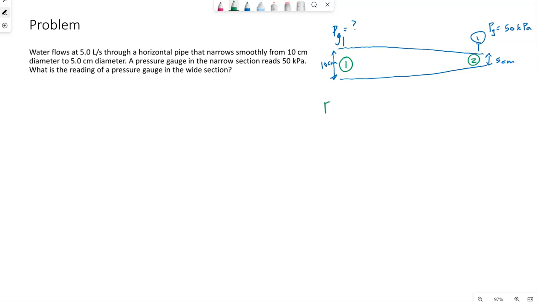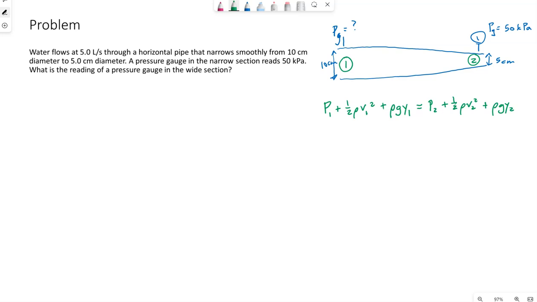So when we say P plus 1/2 rho V1 squared plus rho g y1, in the test notes, we just have this stuff equaling a constant. But ultimately, what that means is to equate all of this same stuff at a second point in the pipe.